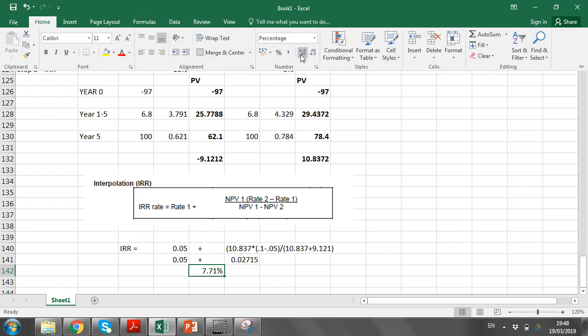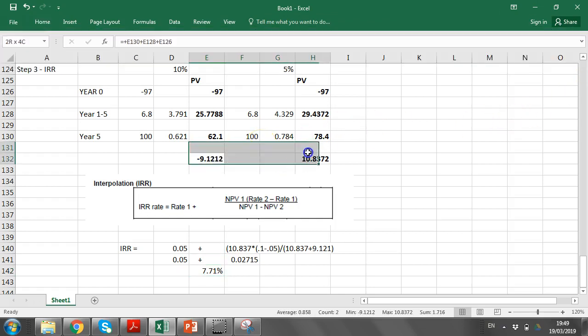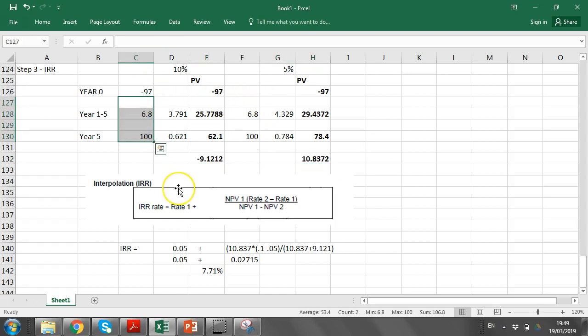So again, that's within our rule of thumb. It's between 5 and 10, and it's about equidistant because these two are about the same distance from 0 as each other. The main thing is I always put the negative figure first and the positive second because that means the IRR formula works similar to what we've done with investment appraisal before. So make sure you know that, it's a commonly asked one.